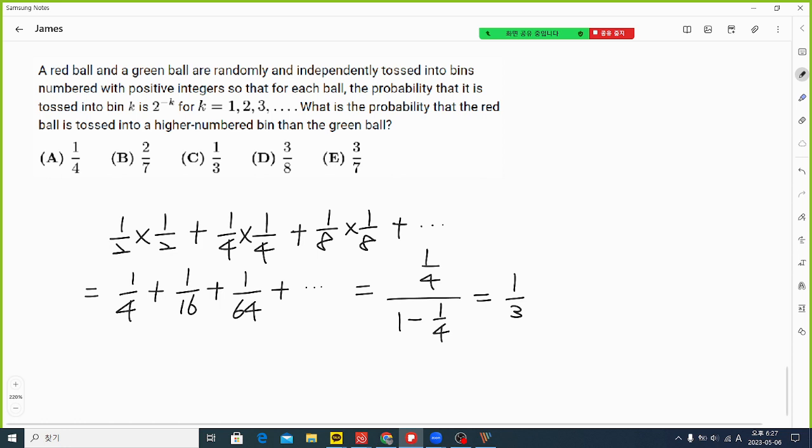I am finished. So this makes the infinite geometric series. So we can use a formula when the ratio is less than one.